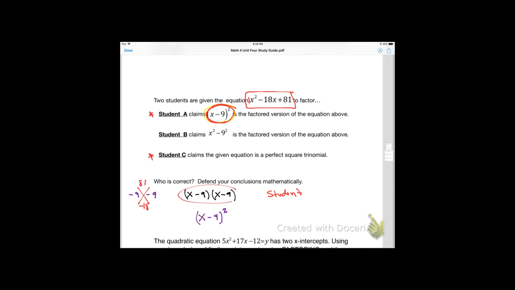We got the same binomial squared that gives us a perfect square trinomial here, right? Because we have the 3 terms here, and it is a perfect square according to our factor here. So both student A and student C are correct.